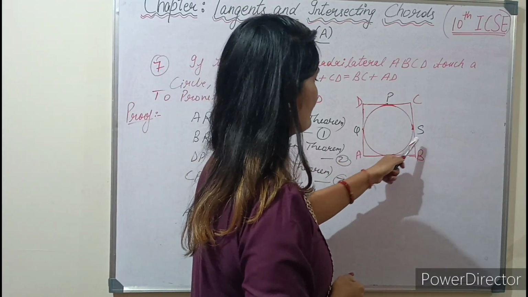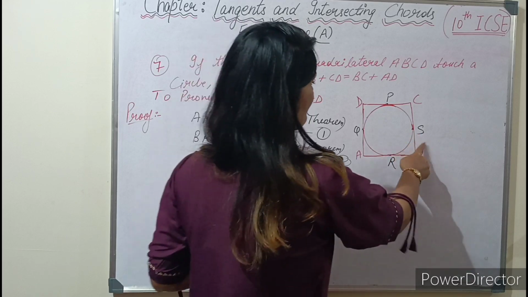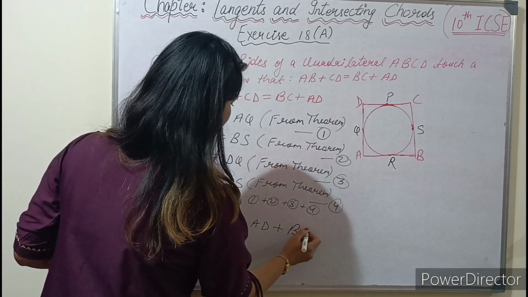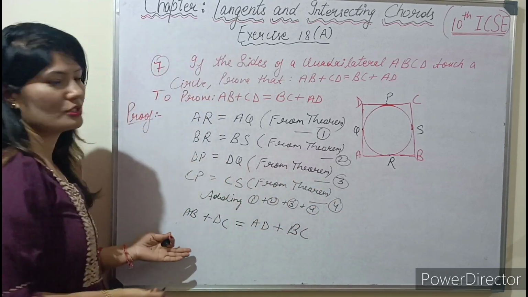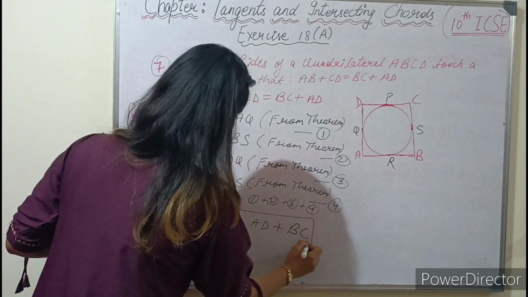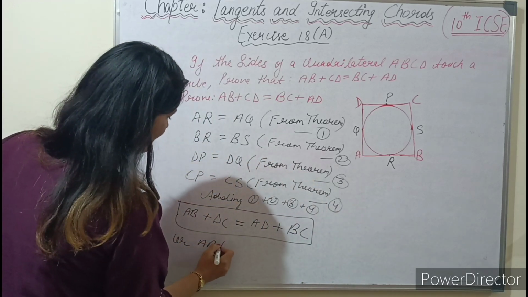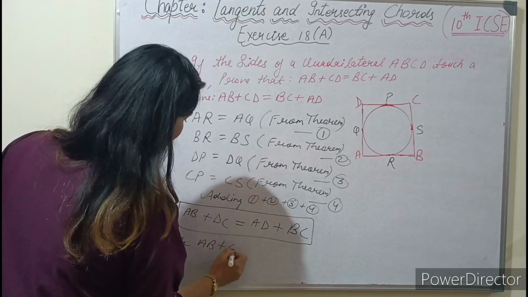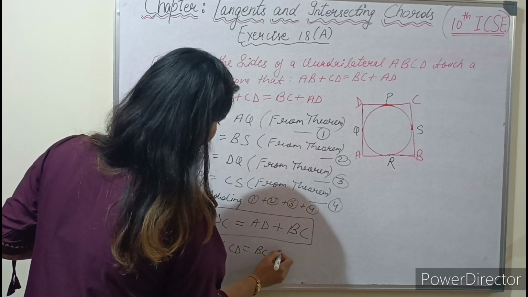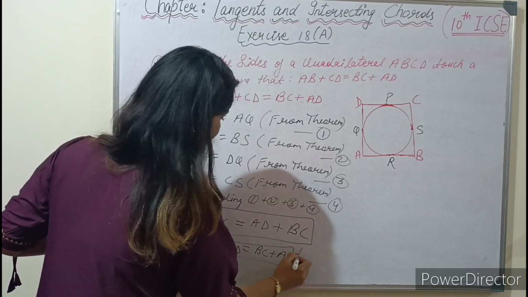Here this is the side BS and this is CS. So BS plus CS will give you the side BC. So this is the only thing which you have to prove. So hence proved. Or we can write in this way, AB plus CD is equal to BC plus AD. So hence proved.